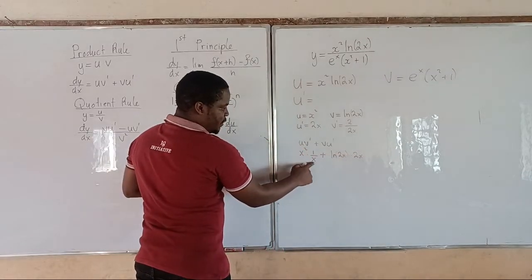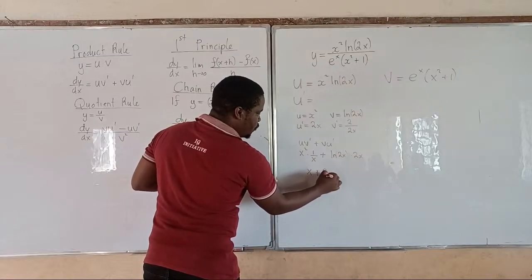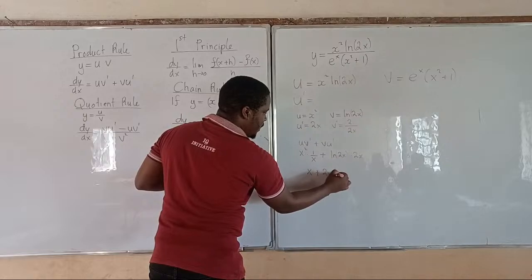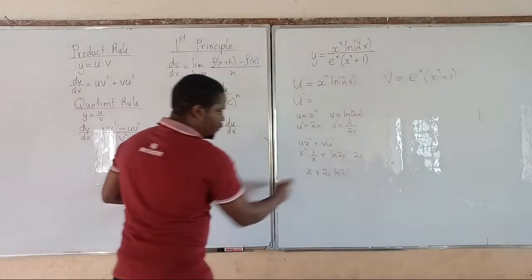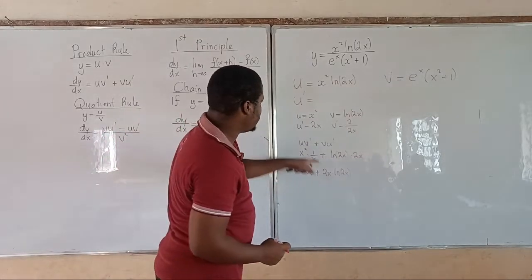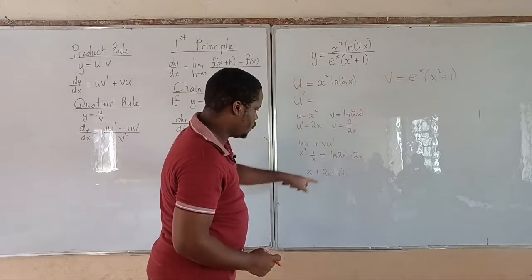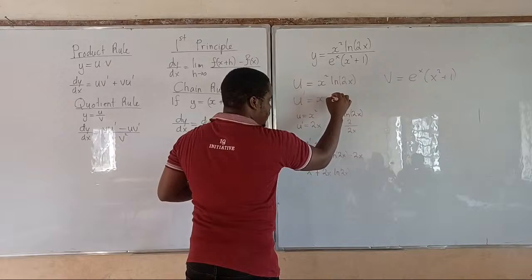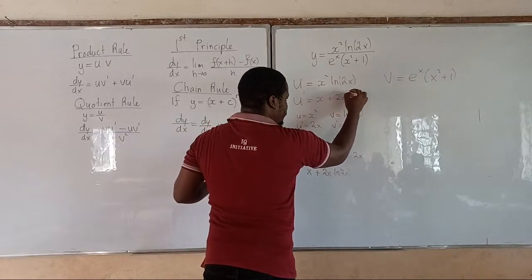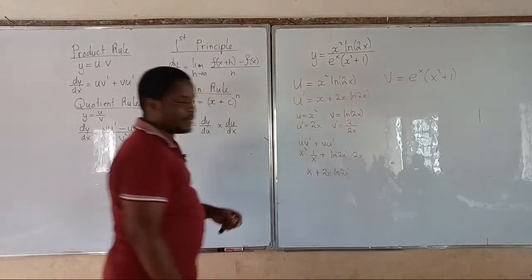This x and this x will cancel, leaving us with x plus 2x multiplied by ln 2x. Now, what does this represent? This represents the derivative of u, which we found by using the product rule. So all this that we have here will come here: x plus 2x ln 2x, like that.